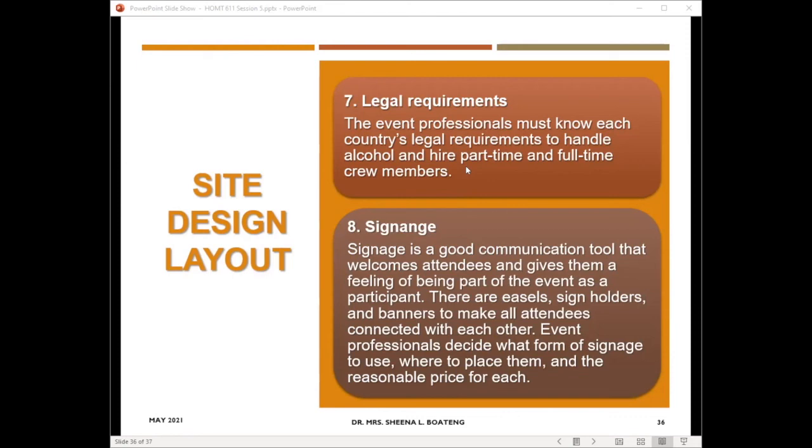Among other things, including permits from the fire service, permits from the police, depending on the kind of events that you are organizing. In certain parts of the world too, there are certain rules regarding hiring and using part-time staff and full-time staff during an event. Some event venues will not allow you to bring in staff from outside of their institution.